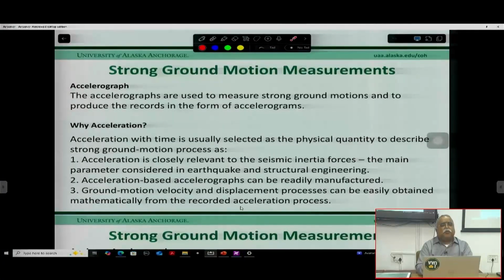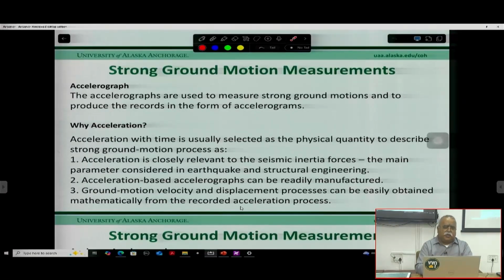That inertial force is required for the estimation for any structure, such as a building or a bridge, so that we can understand how it will affect a structure, right? So if we can get acceleration, then mass into acceleration, we can calculate the force it gives to the structures.